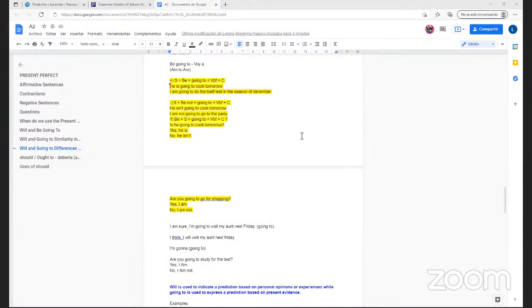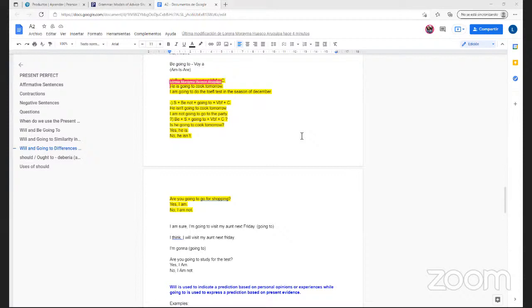So we were here, right, in the structure. I was telling you that we have to use the conjugation of the verb to be with the subject, right? And always we're going to put the going to. Always we're going to use the going to in the sentence. The verb always is going to be in base form, and then the complement.